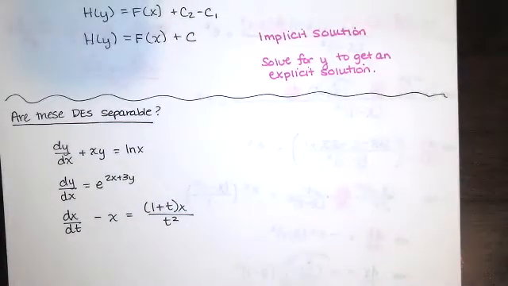Because that's what most of this chapter is going to be about. We're going to learn all these different methods for solving different types of first order equations. The first method is separable equations.